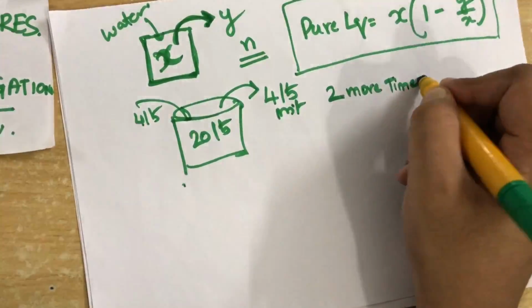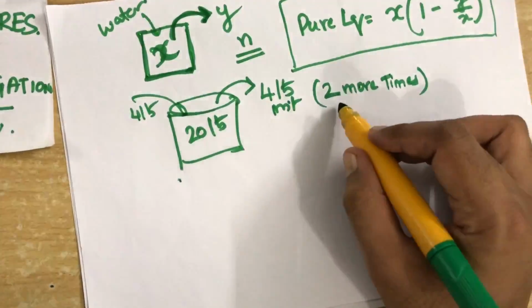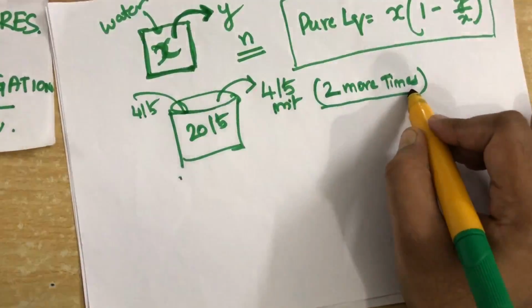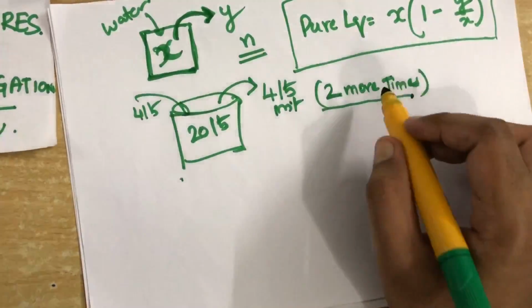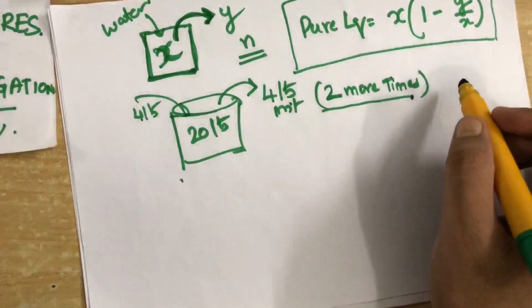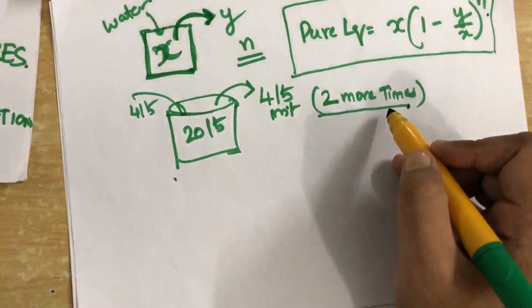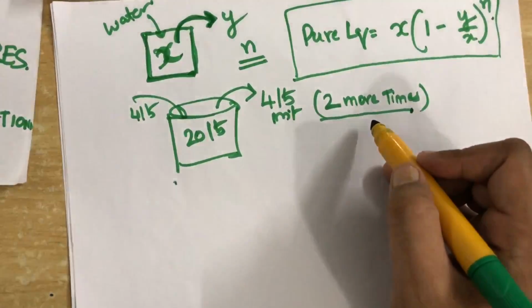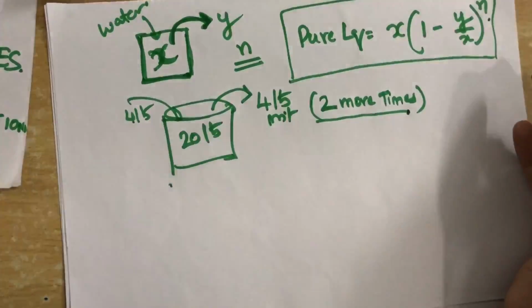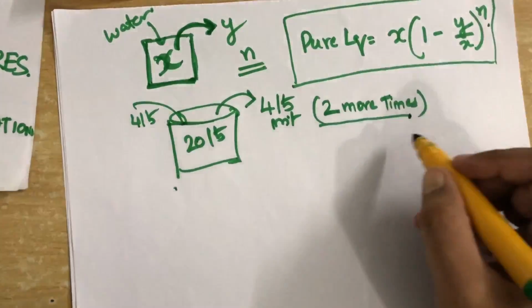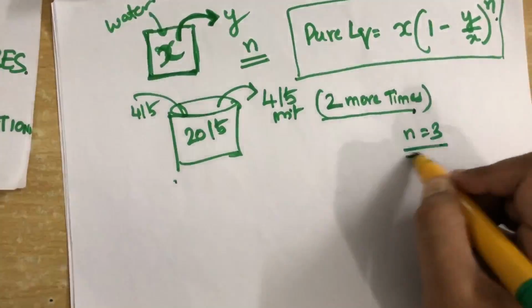This is a situation where you have to pay attention to the verbiage. If they say the operation has been repeated 2 times, you use n as 2. But if the question says he has done this once and then repeated it 2 more times, then you have to make sure your value of n is 3.